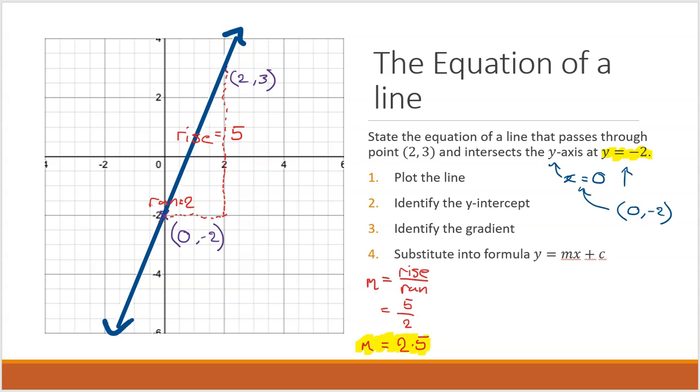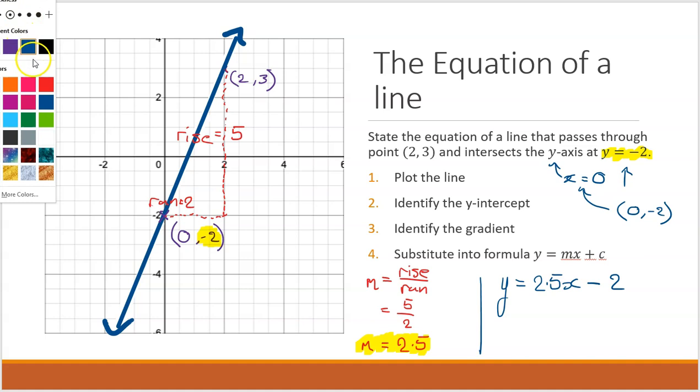Our y-intercept is at -2. So substituting all of these into the equation, we're going to get y equals 2.5x plus -2. And we don't need that plus there because there's a negative there. So it is simply going to be y equals 2.5x minus 2.